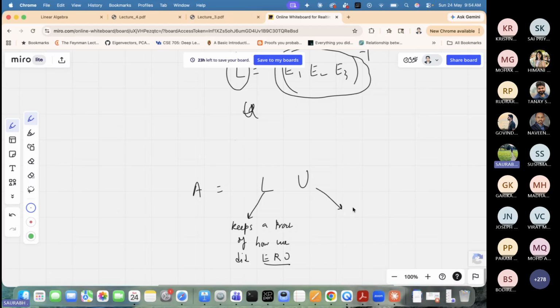U is the output that you get to. Basically, you eventually want to reach from A to U, and that's what your staircase pattern also does.